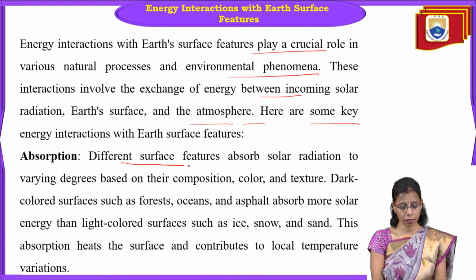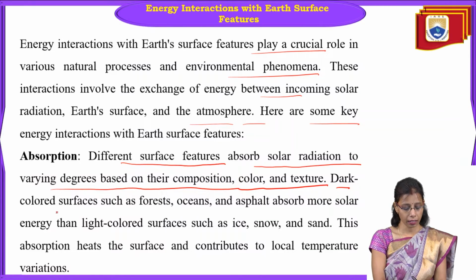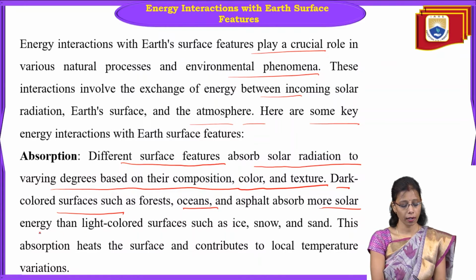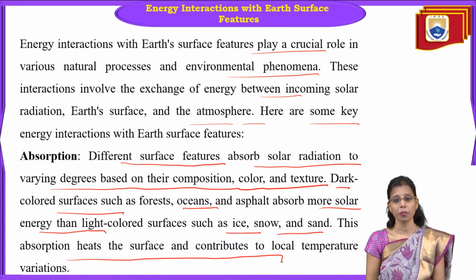Different surface features absorb solar radiation to varying degrees based on their composition, color, and texture. Dark colored surfaces such as forest, oceans, asphalt absorb more solar energy, and light colored surfaces such as ice, snow, sand absorb less. This absorption heats the surface and contributes to local temperature variation.